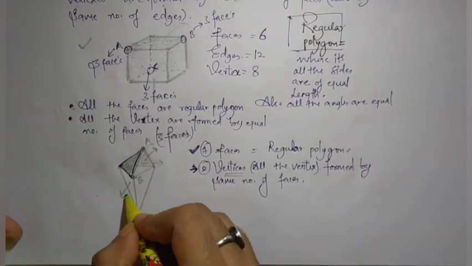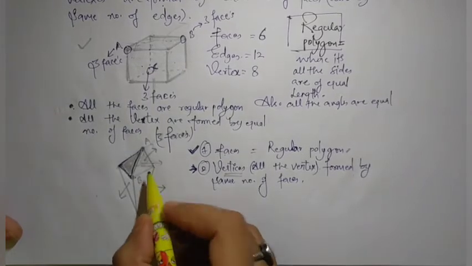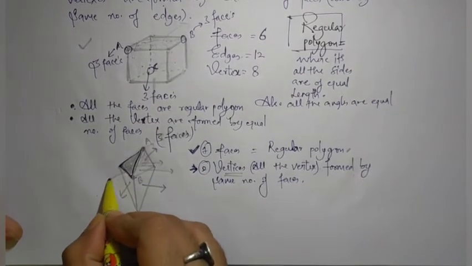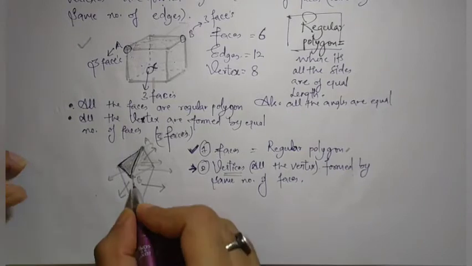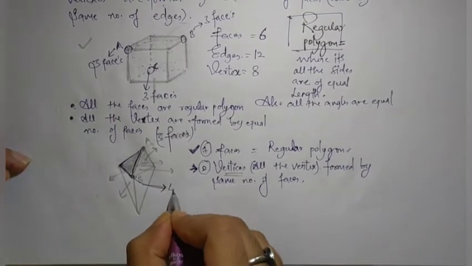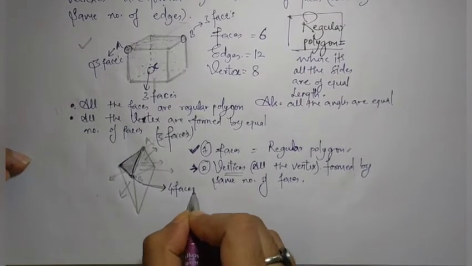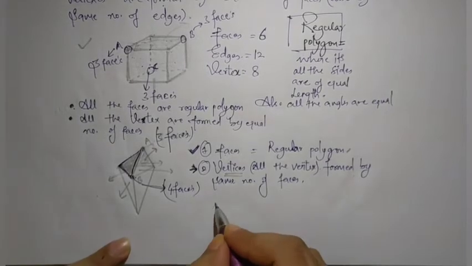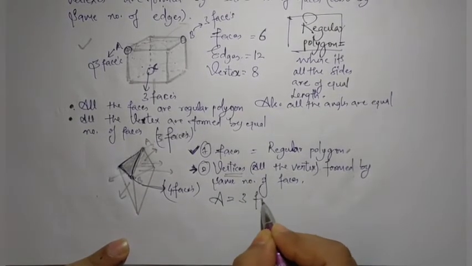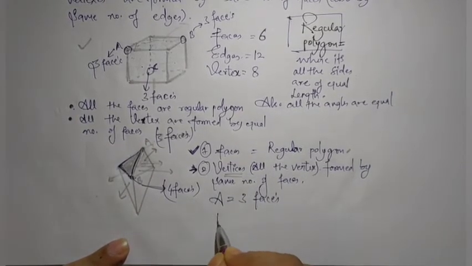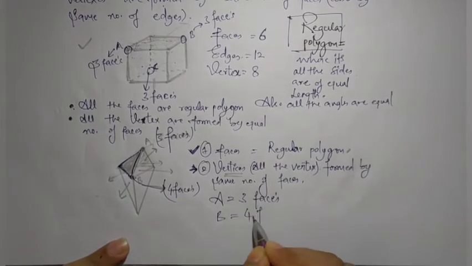See, this triangle, this triangle, this triangle and this triangle. So total I have 4 faces. A has 3 faces and your point B has 4 faces.